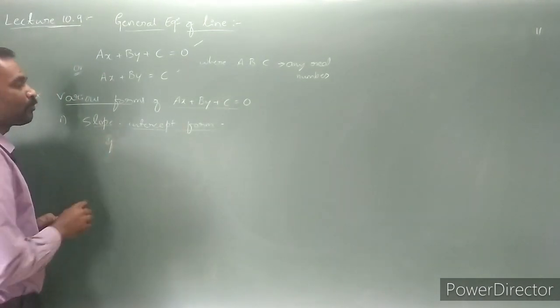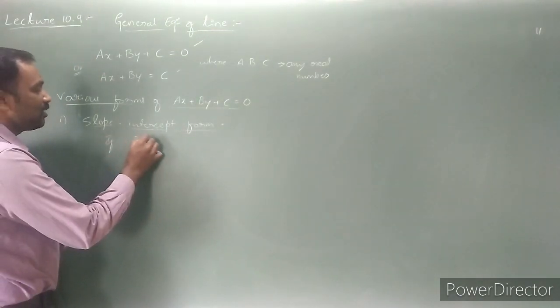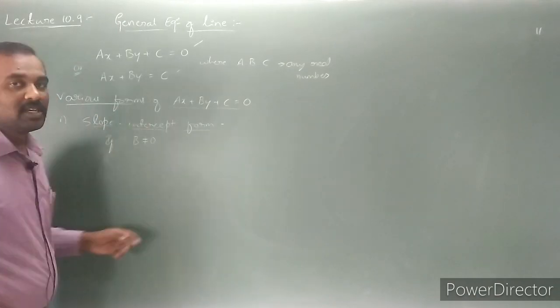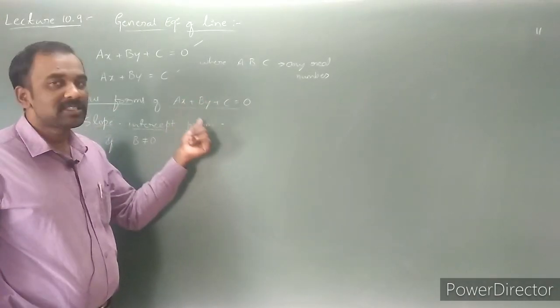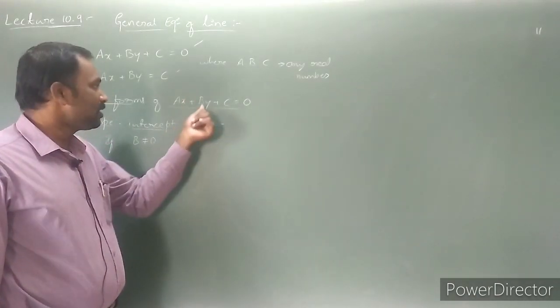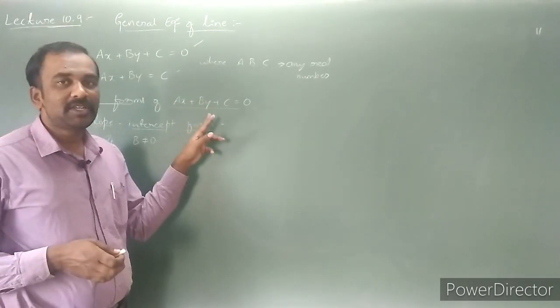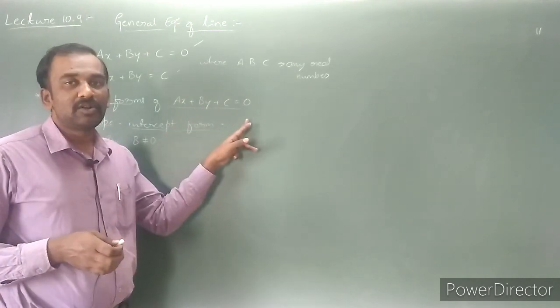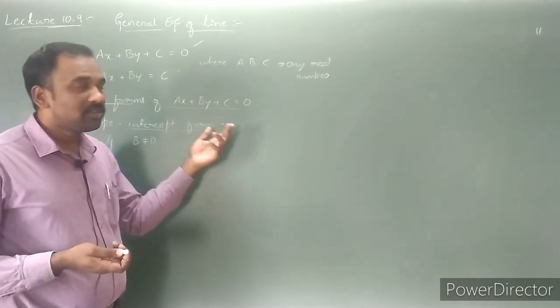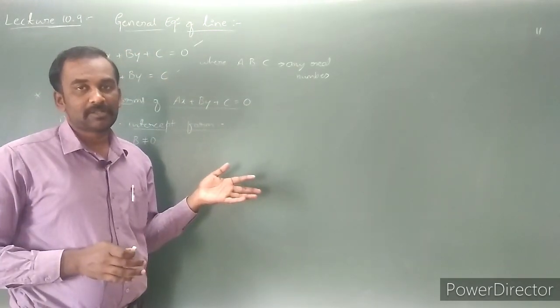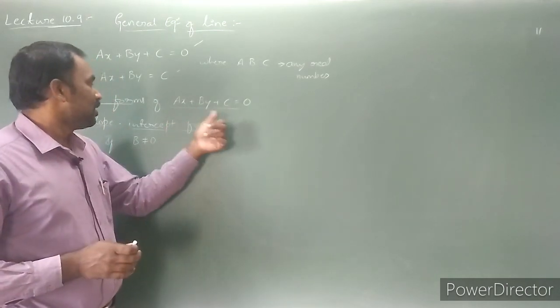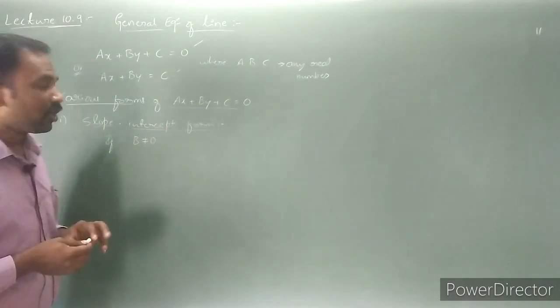Here, I consider that B is non-zero. If B is 0, the y term will be eliminated, and then we get x = -C/A, which is nothing but a vertical line. For that reason, we take B as non-zero.